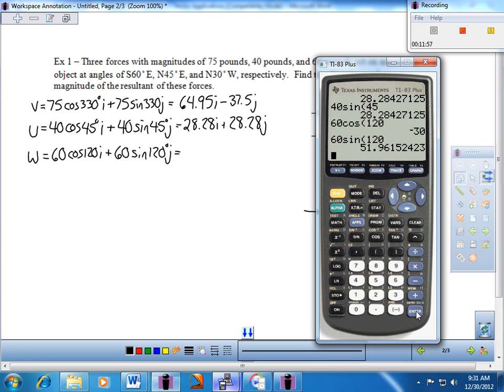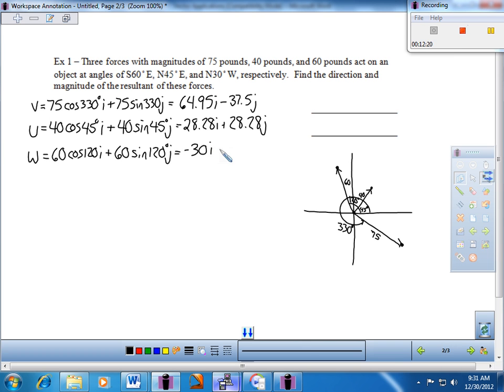It looks like it's negative 30 and then 51.96. So negative 30i and 51.96j. All right, how's that look? In terms of our math here, 30 to the left, 51.96 up for that vector right there. Each vector is made up of those parts.